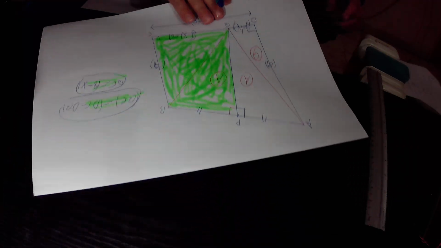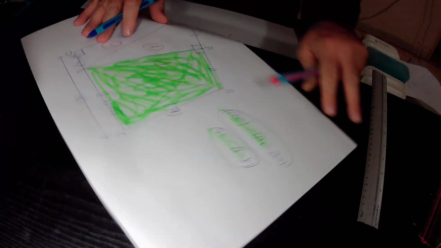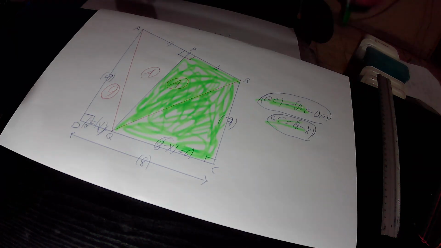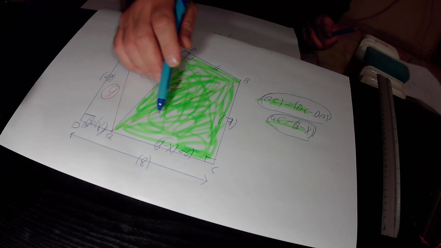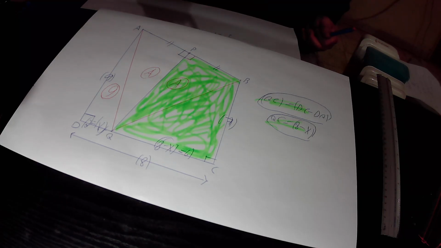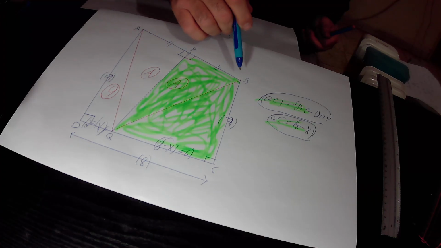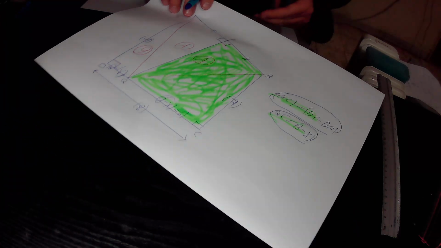The fourth component is the area of this green triangle QCB. The area of the green triangle QBC equals the base QC, that is 6, times the height CB, that is 7 over 2. 6 times 7 is 42, and 42 over 2 is 21. So in total, the area of the fourth component that ABCD consists of is 21 square units in size.